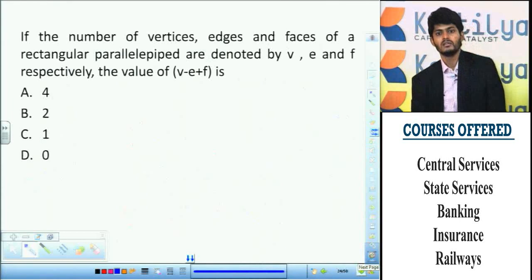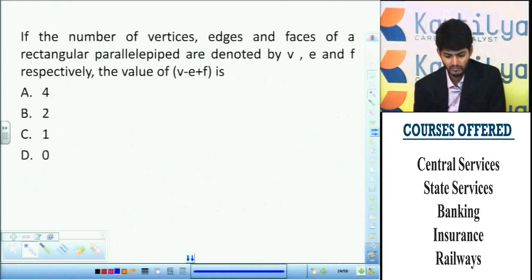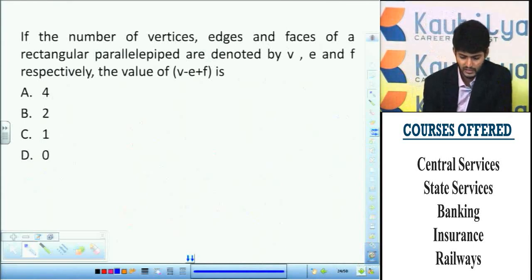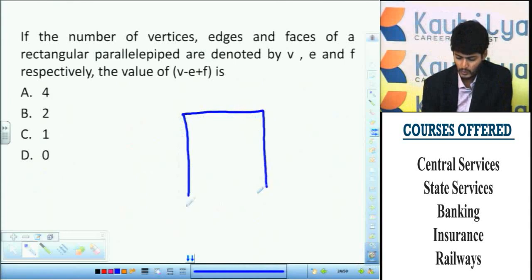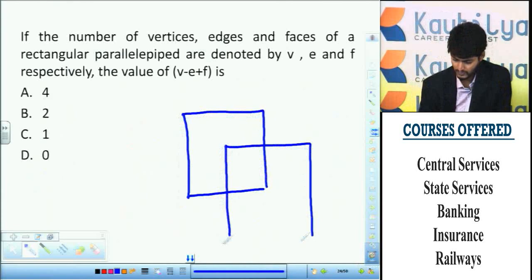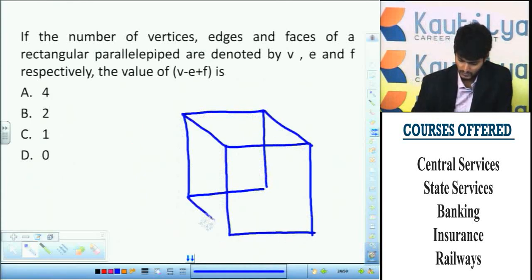Now coming to your 3-dimension figures which he is speaking about, parallelopiped. Okay, parallelopiped in the given figure. Now let me start with any 3-dimensional figure that you are most comfortable. Let me draw a cube for you. Right.